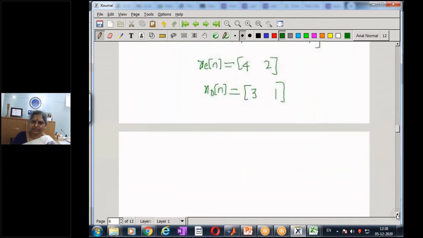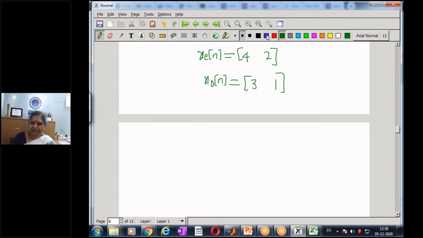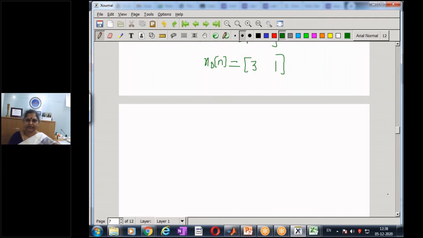So what is my first step? My first step is to have a 2-point DFT. So let's first draw the whole diagram.